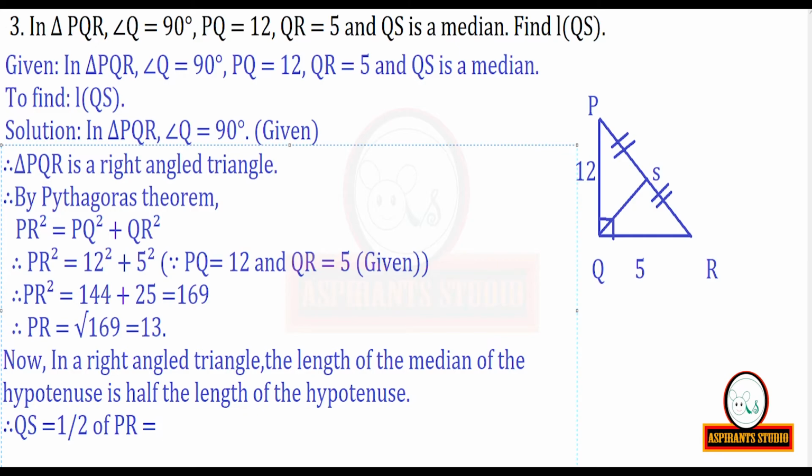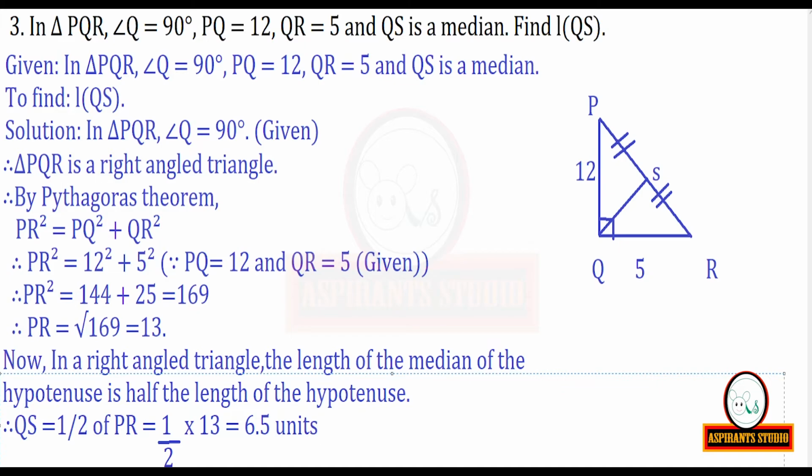That is 1 upon 2 multiplied by 13, which is 13 upon 2, otherwise 6.5 units.